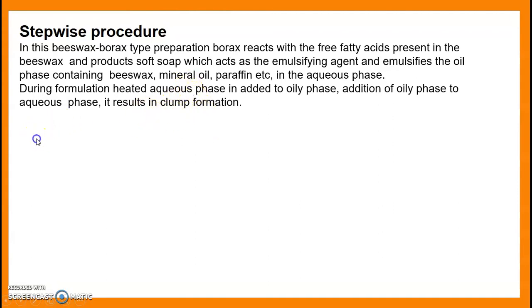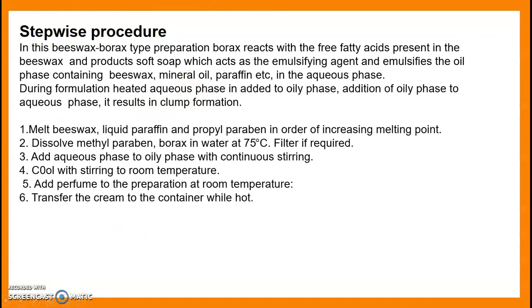First of all we melt the beeswax, liquid paraffin and propyl paraben in order of increasing melting point. Then dissolve the methyl paraben and borax in water in a water bath at 75 degrees Celsius. Filter if required. Add the aqueous phase to the oily phase with continuous stirring.